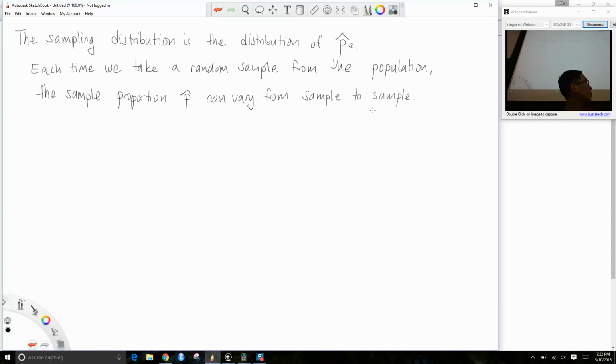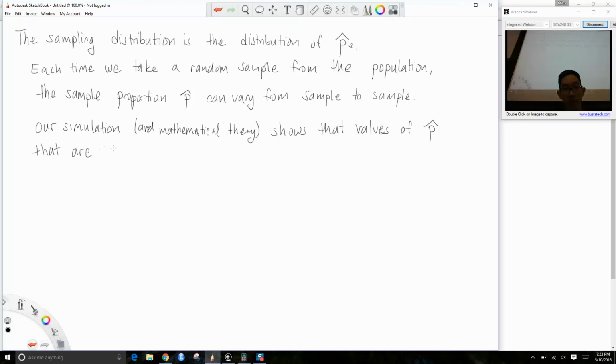Our simulation and mathematical theory, which we're skipping the theory part, also backs this up, shows that values of p hat that are close to the population proportion p are most common.